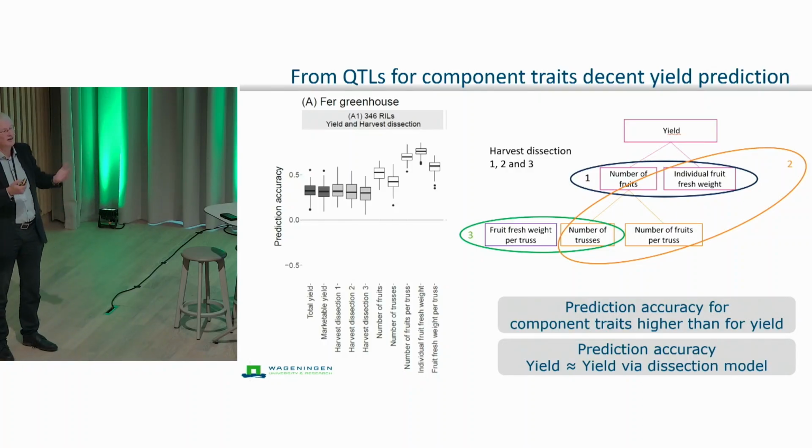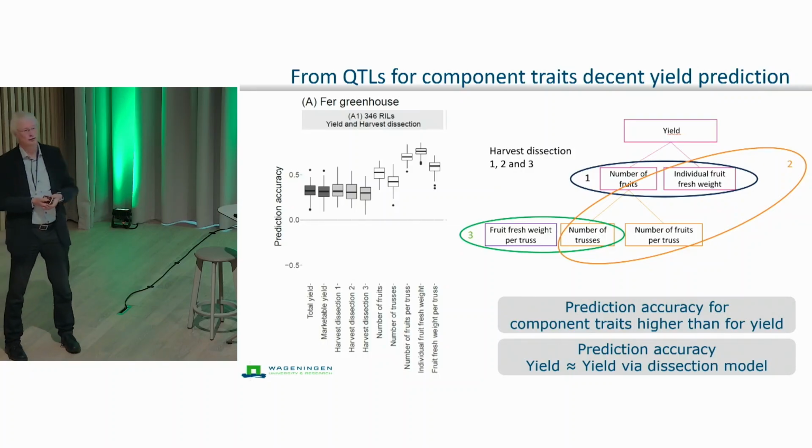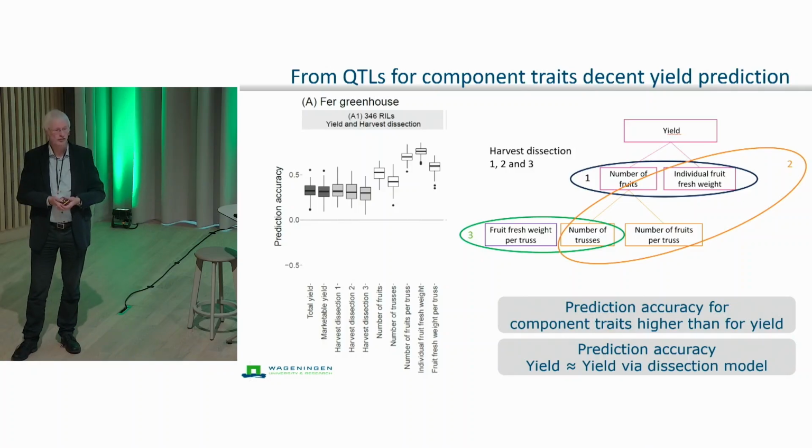So it's not necessarily only useful if the prediction accuracy is higher with this approach compared to directly focusing on yield. And we also see that the prediction accuracy for the components, fortunately, is indeed higher than for yield itself, but you need several components combined to predict yield. So that leads to a lower overall accuracy.